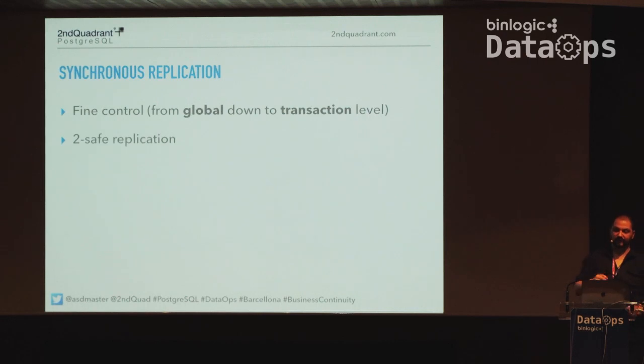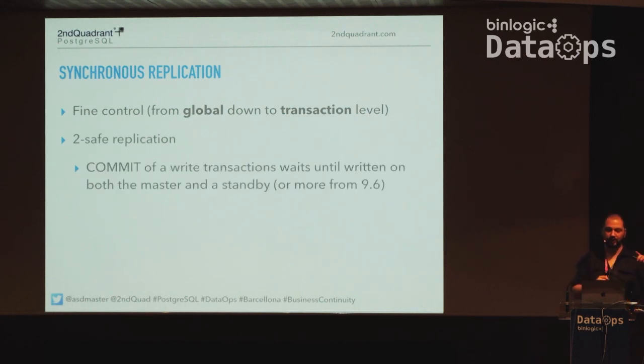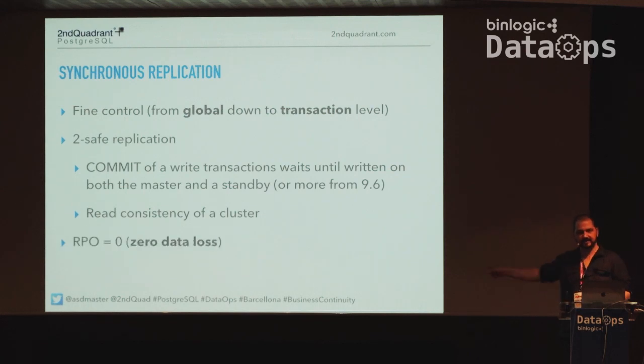And we have two-safe replication that basically ensures that a commit is written only when the transaction is executed on both the master and the standby that is recovering, connected to the master. This ensures read consistency on the cluster, because we are sure that a transaction is written on both the master and the standby. And this gives us RPO 0. This is the zero data loss configuration. We will see that in a while, okay?